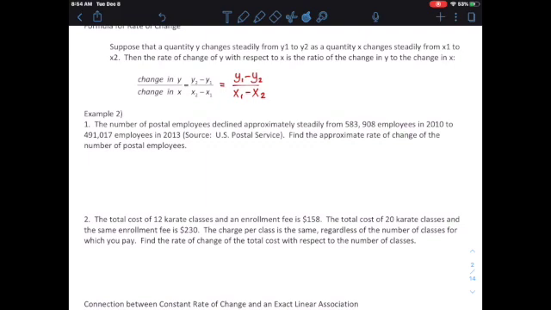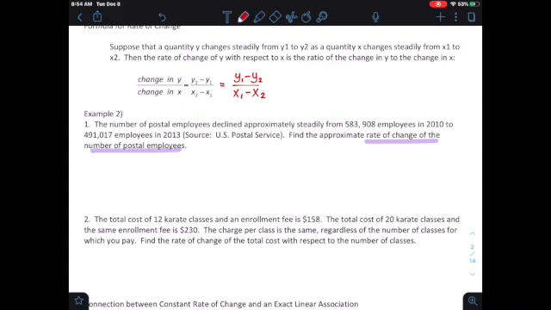So example number 1: the number of postal employees declined approximately steadily from 583,908 employees in 2010 to 491,017 employees in 2013. The source is the U.S. Postal Service. Find the approximate rate of change in the number of postal employees. That's probably per year, rate of change per year.